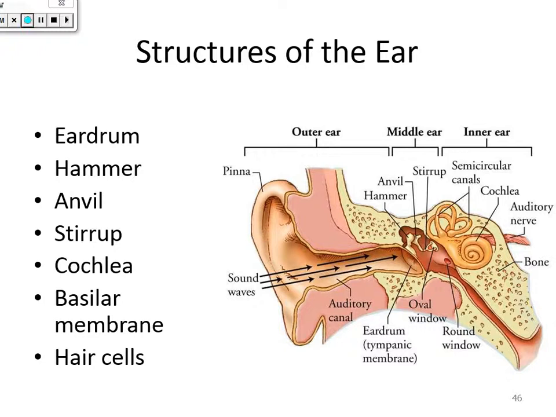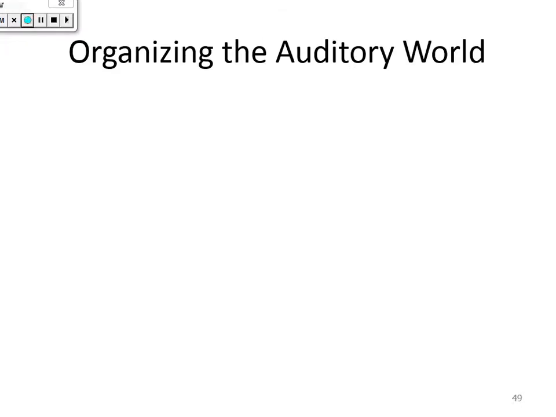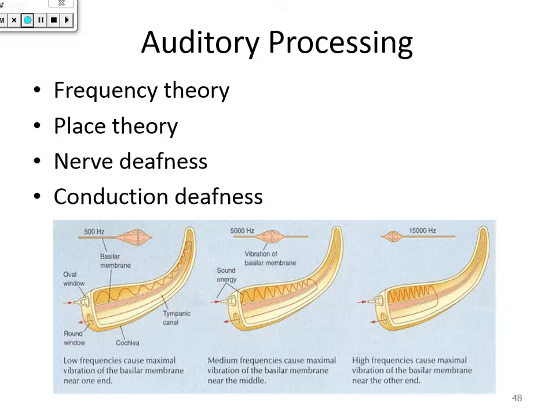Conduct deafness is the milder type of deafness. Nerve deafness is more severe. Nerve deafness is complete deafness. Conduct deafness is more hard of hearing.